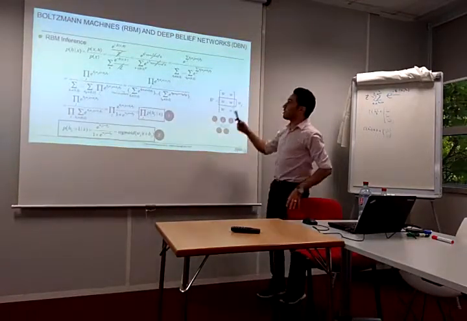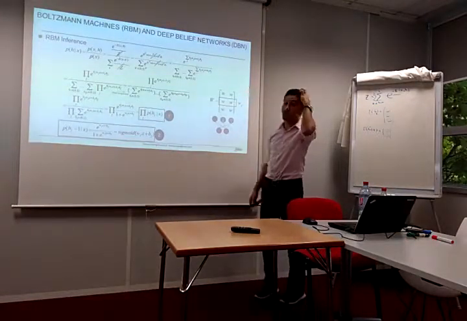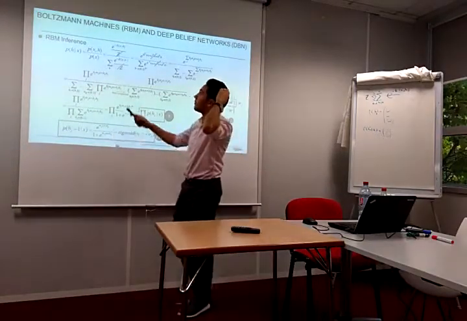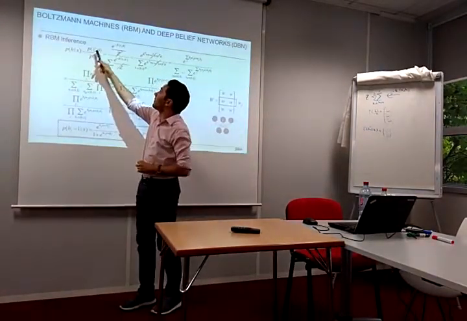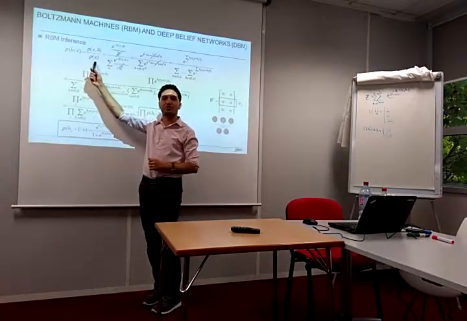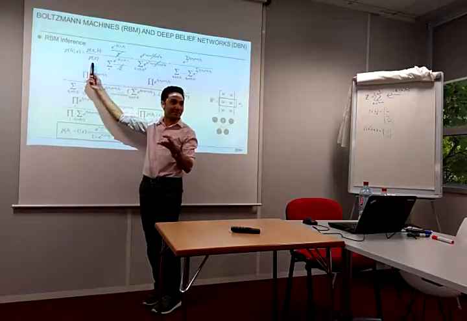We need to know P of H given X, which is a vector of 3 elements, and we know from the Bayesian rule that P of H given X is equal to P of X and H divided by P of X. I think you know this rule or not? You remember it? Yes. Okay.